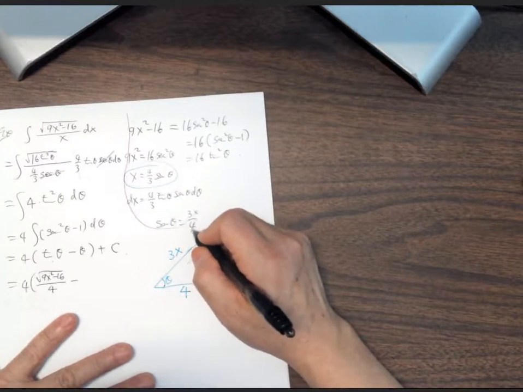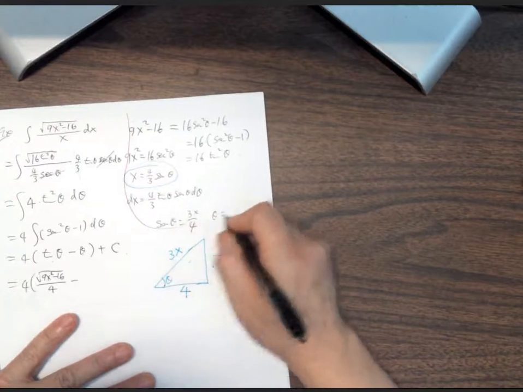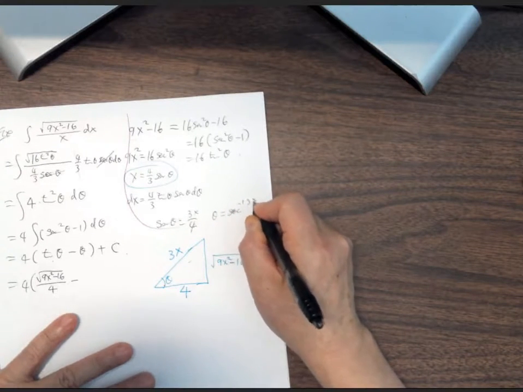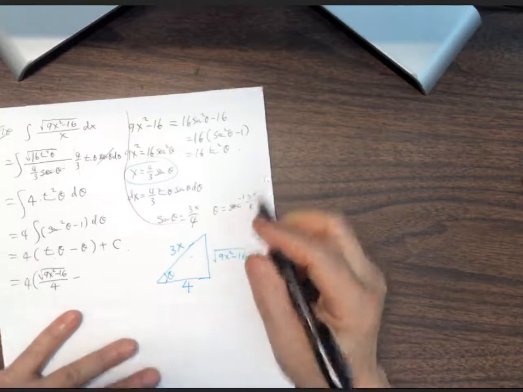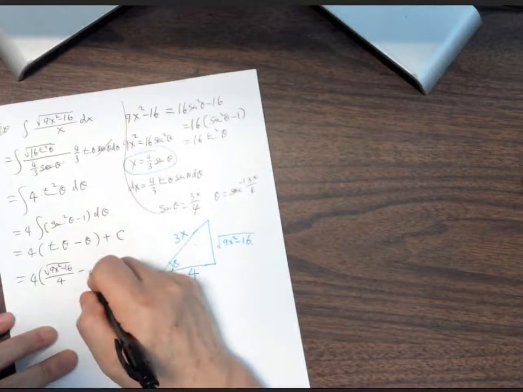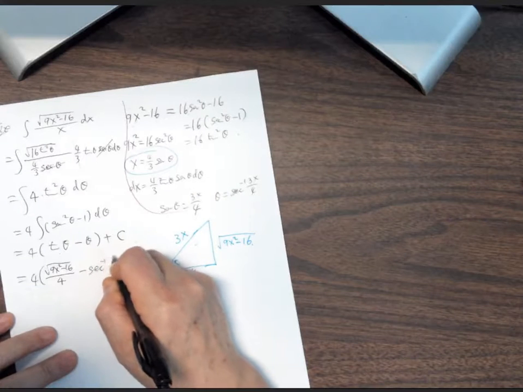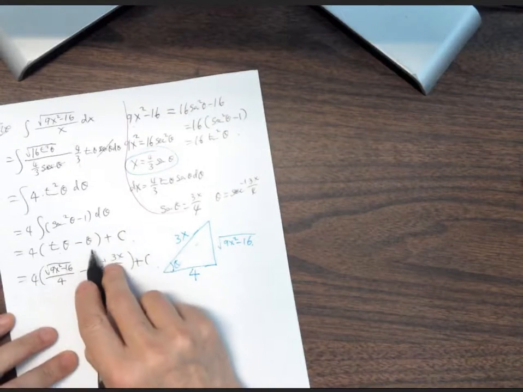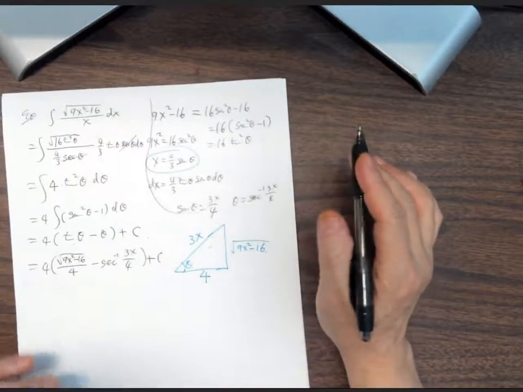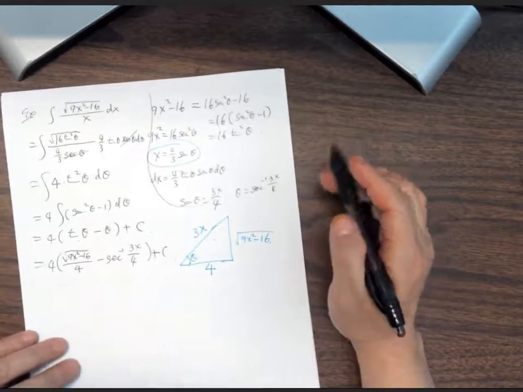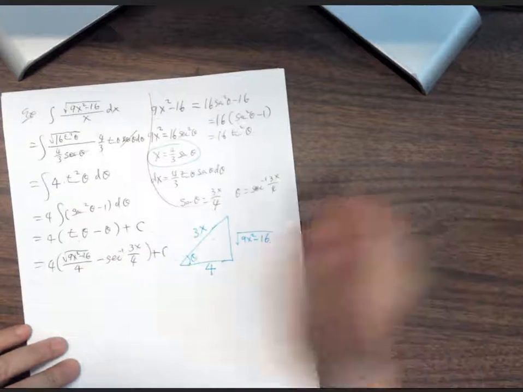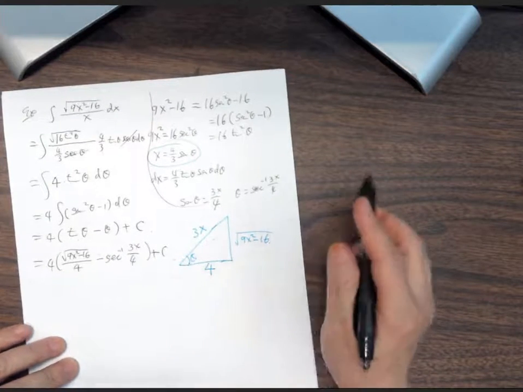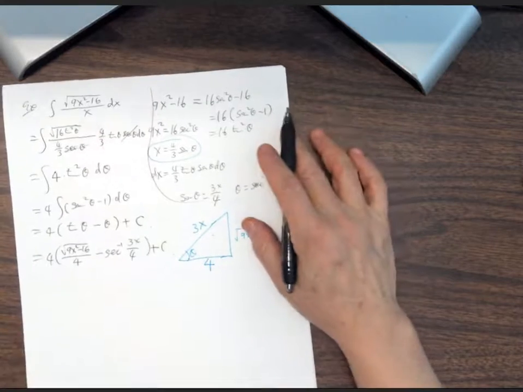Secant theta is 3x over 4, so theta is the inverse secant of 3x over 4. That's how we deal with a theta variable that's not inside any trig. If the theta is inside a trig function, we have a triangle there.